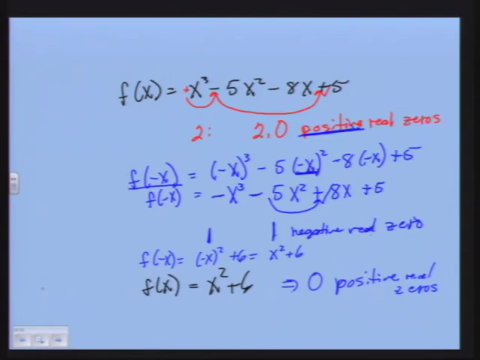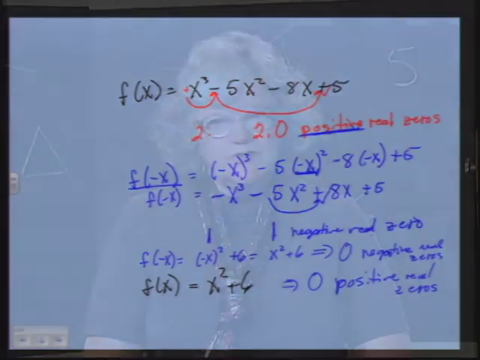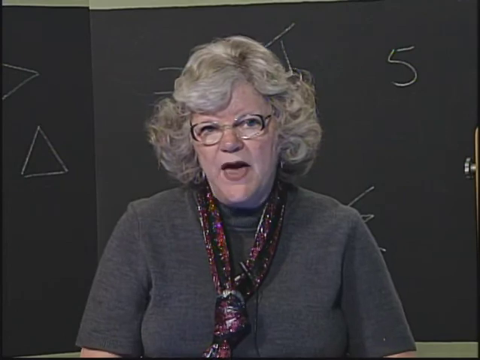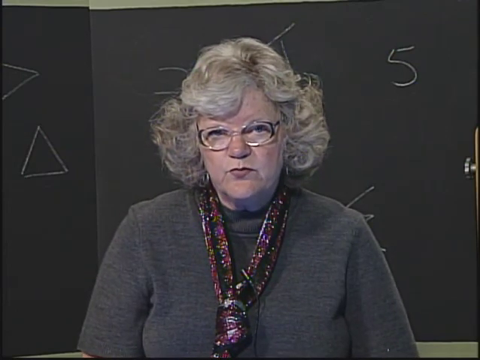No sign changes, again from plus to plus, so that implies that there are 0 negative real zeros. That means that all of our zeros, we expect, are imaginary rather than real.